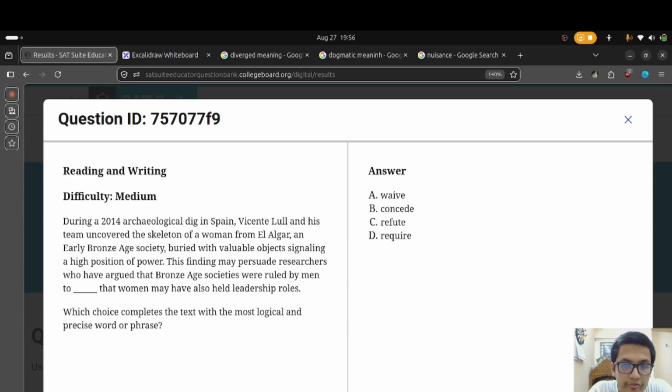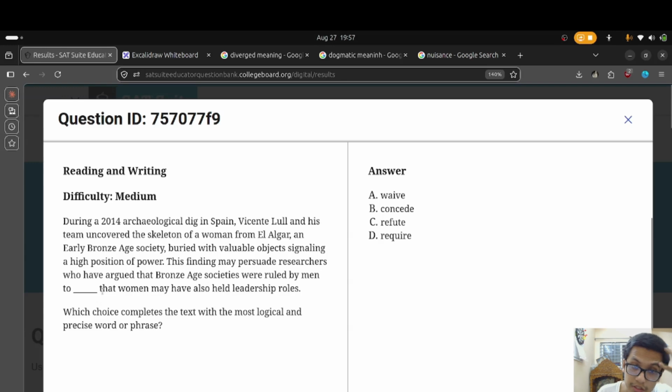Okay? So to avoid the mistakes, we need to know that these findings may persuade researchers who have argued that Bronze Age societies were ruled by men to contradict that, women may have... It contradicts something.